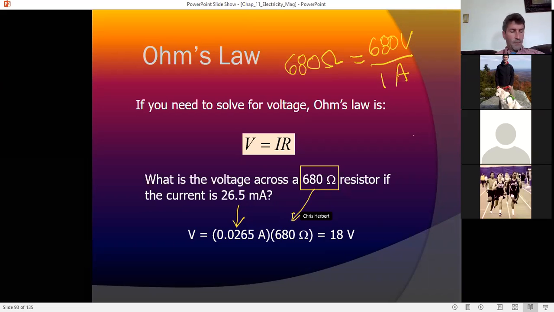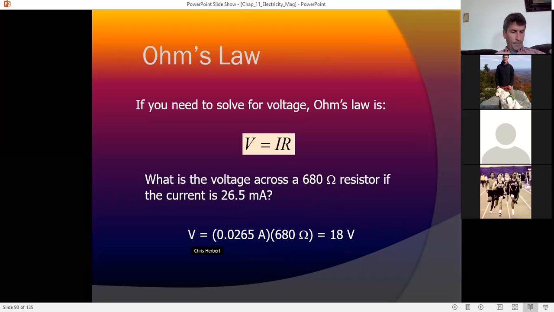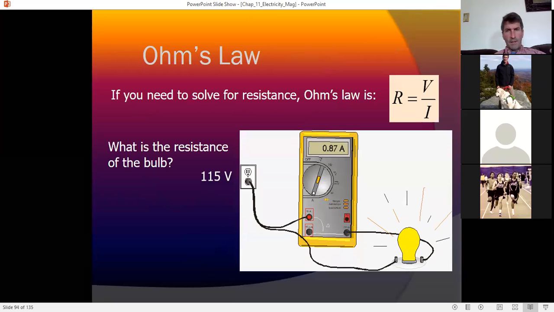So for this I right here, at 680 ohms, I need 18 volts to get that much current through there. So that shows you how Ohm's law works. The lower the resistance, the less voltage you need to get the same current. Let me see if I can do another example right here.